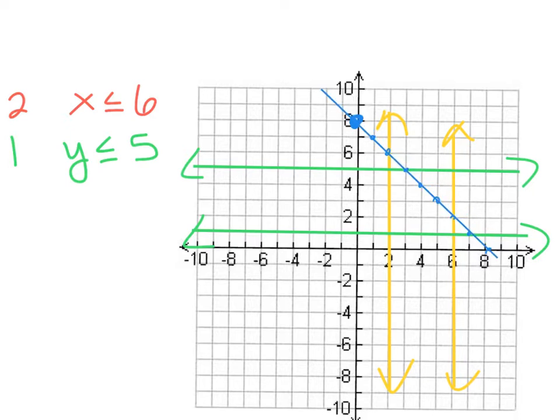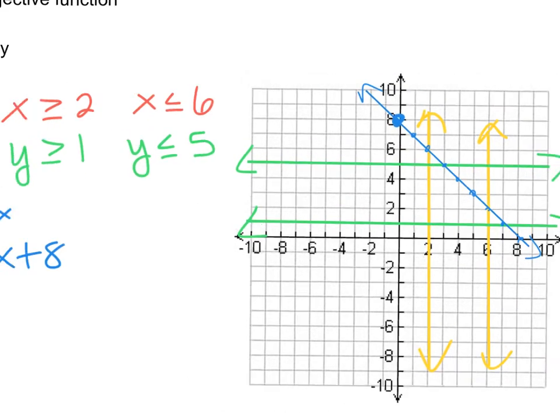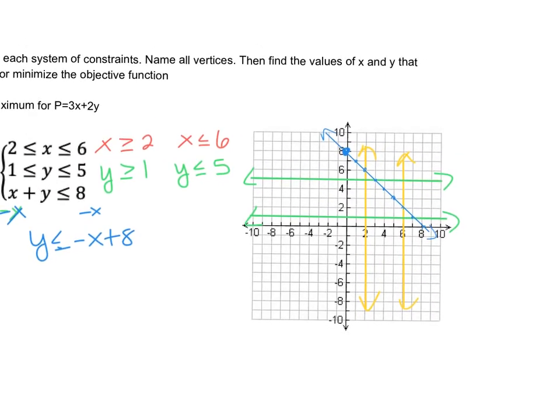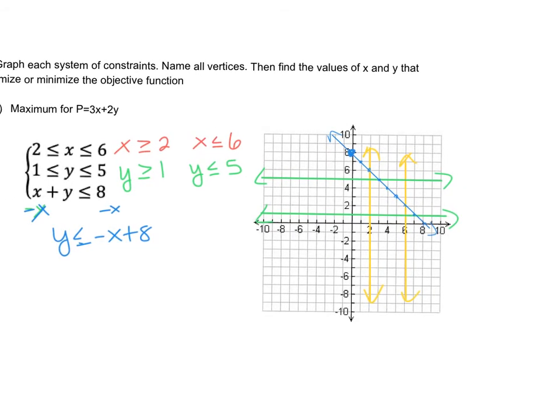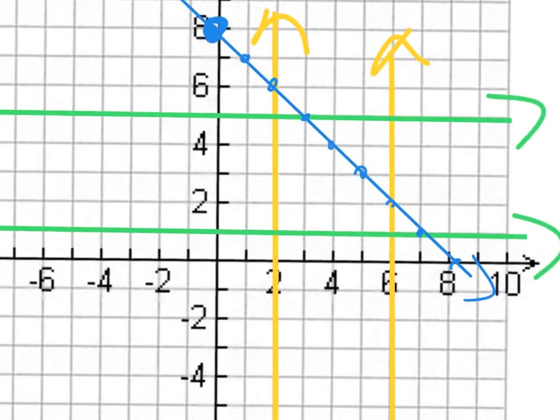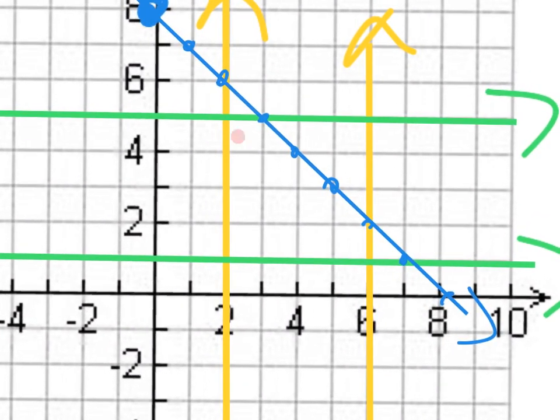There we go. So here it is. Which way am I shading for that one? Well, I'd be shading below it, because it's less than or equal to. Now, if I were going to shade the region that satisfies all 3 constraints, it would be right here. So this is your feasible region right here.